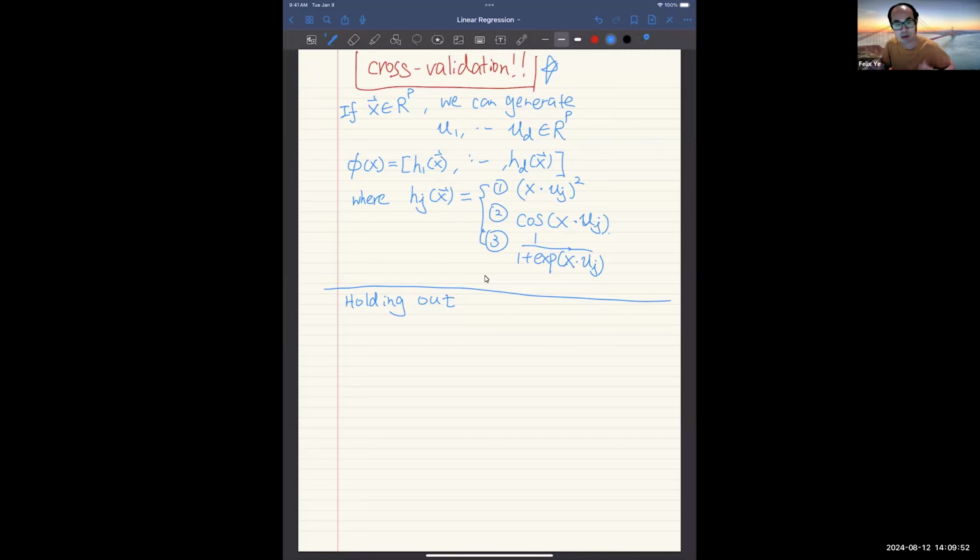I will tell you the whole story momentarily. Let's think about everything in more generic settings, because here we're talking about linear regression, but this whole strategy can be applied to any other models. So you can think about we're trying to fit regression models.